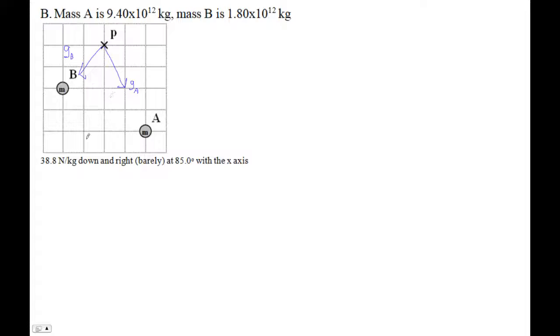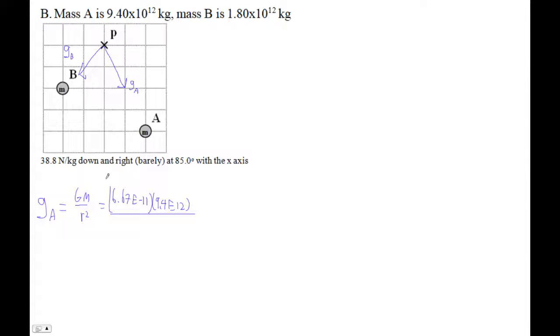So the first thing I'm going to do is find the gravitational field due to A. This is going to be big G M over R squared. So 6.67 E minus 11, and then the mass of A is 9.4 E12.